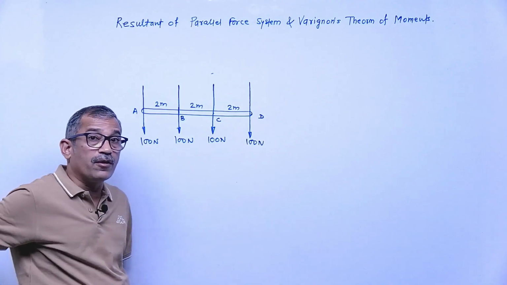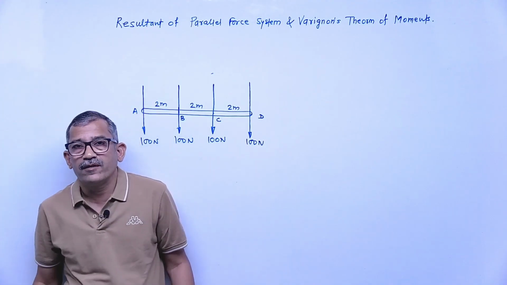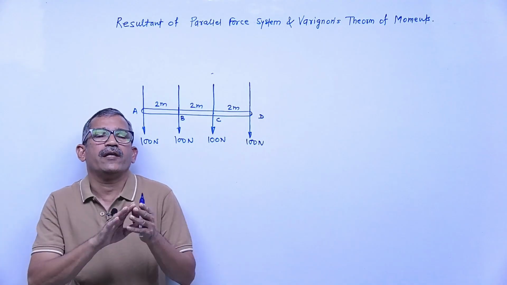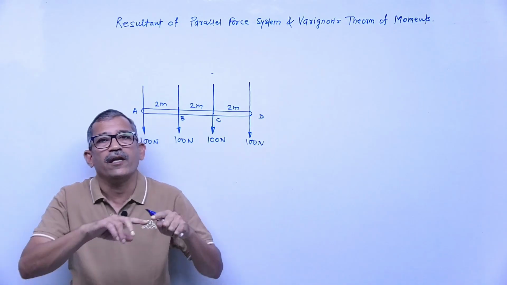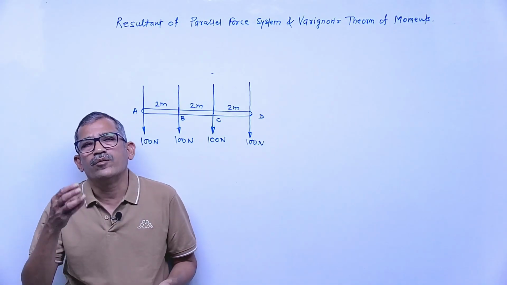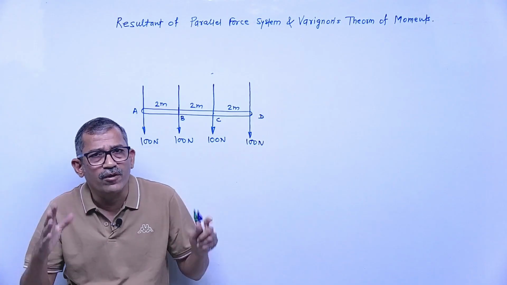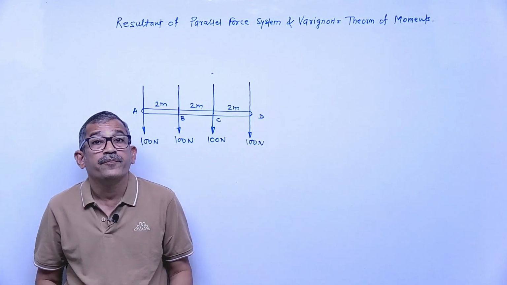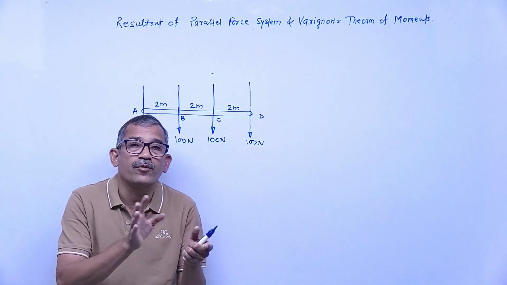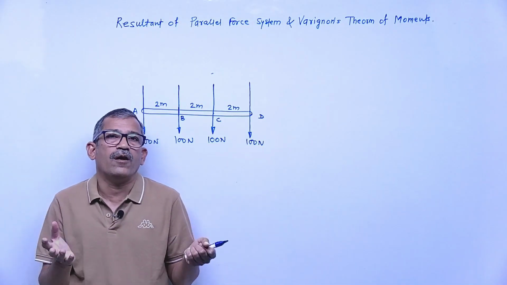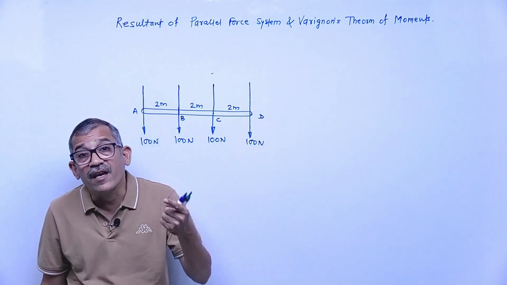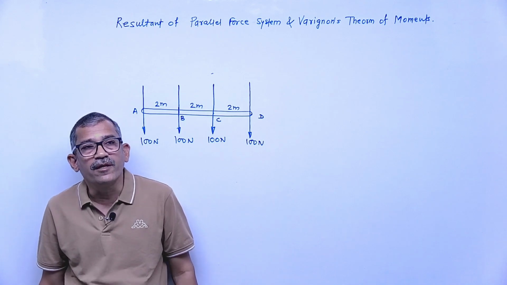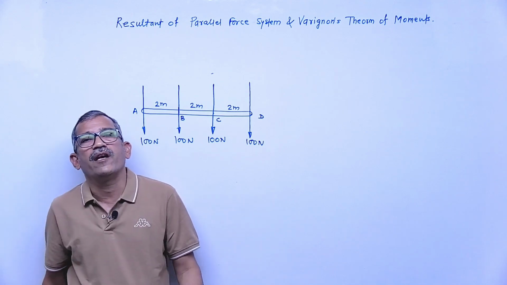So you must know the meaning of resultant. Listen carefully: when any number of forces, 2, 3, 4, 5, 6, any number of forces are acting on a body, the effect of all the given forces remains the same if we replace all these forces by a single force.